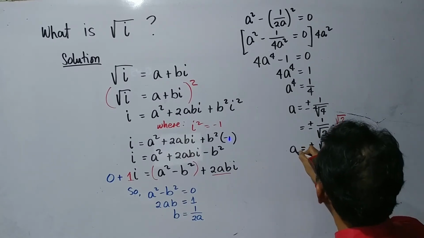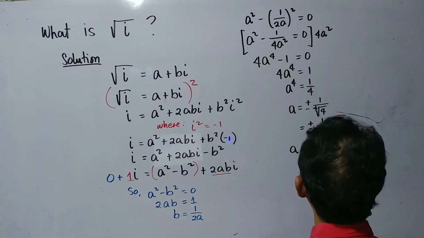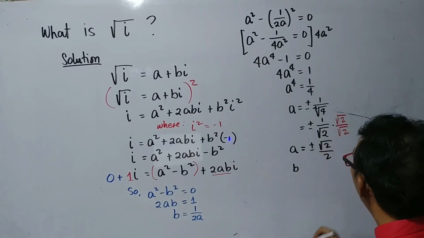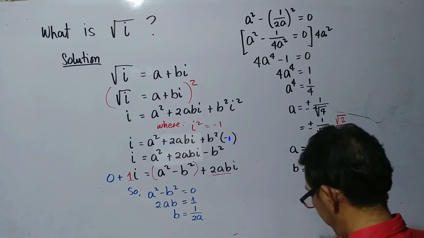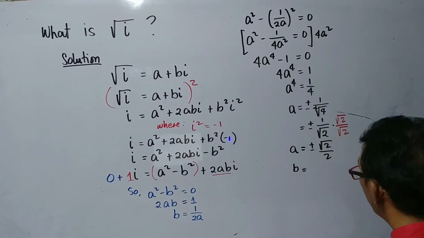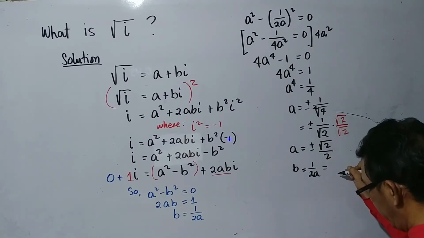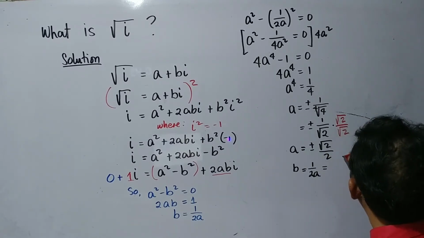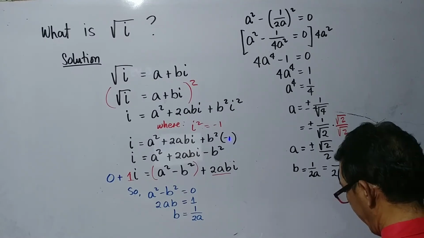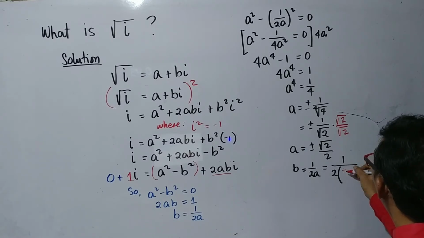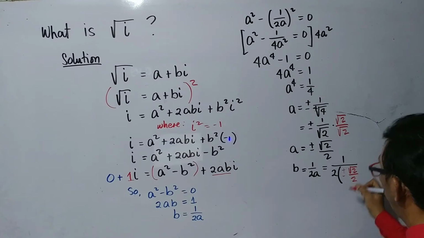That is our a. For our b, we substitute there. We have 1 over 2a is equal to 1 over 2 multiplied by our a, which is plus or minus the square root of 2 over 2.